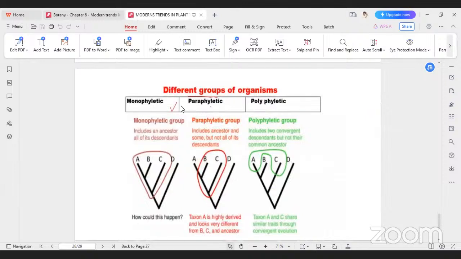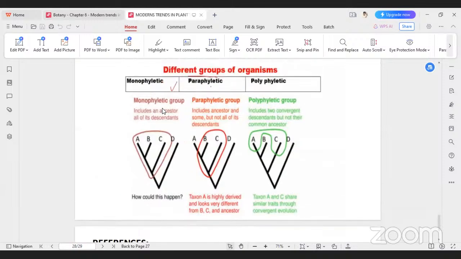Different groups of organisms: monophyletic, paraphyletic, polyphyletic. A monophyletic group includes one ancestor, mono, and all its descendants: A, B, C, D are all from one ancestor.